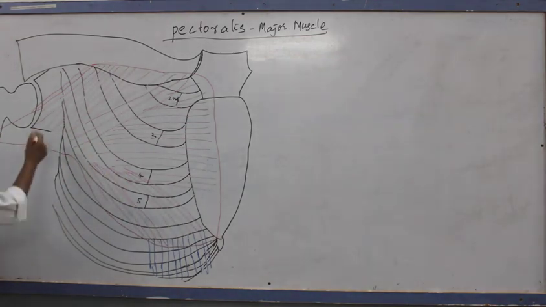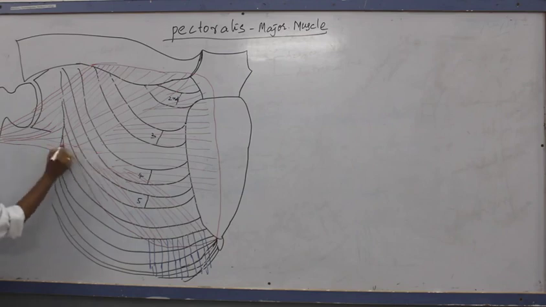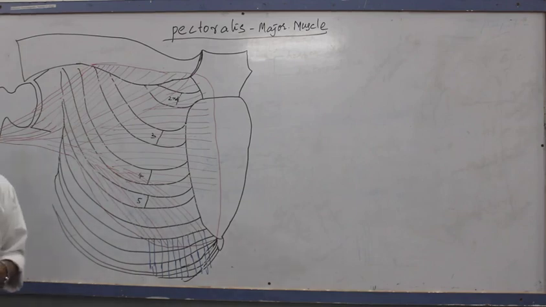This tendon is inserted into the lateral lip of the intertubercular sulcus. This is the medial lip, and this one is the lateral lip. This intertubercular sulcus is situated on the anterior medial surface of the humerus.